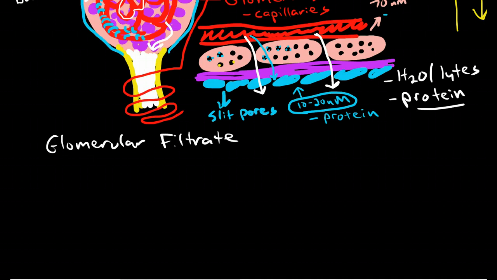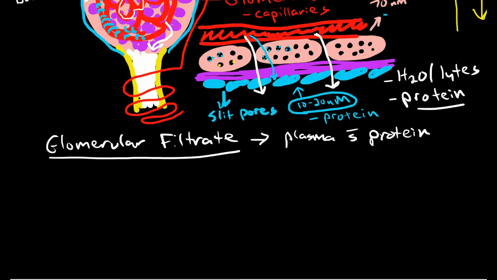Glomerular filtrate, again, is similar to plasma, but without protein. Now, we make about 125 milliliters of glomerular filtrate per minute.